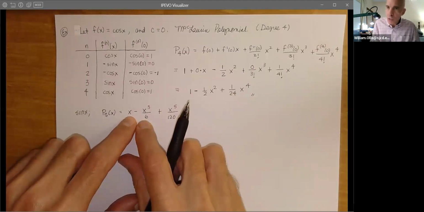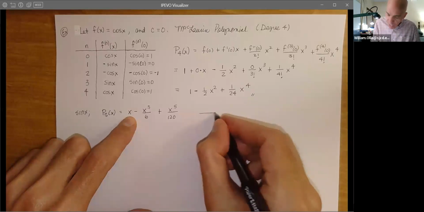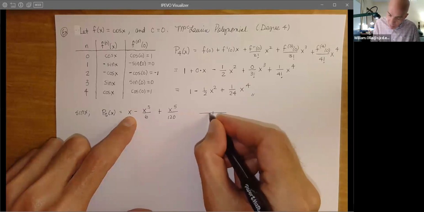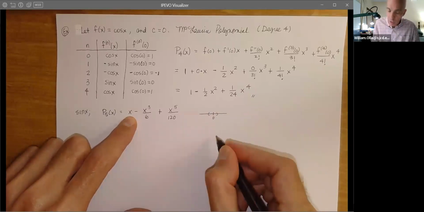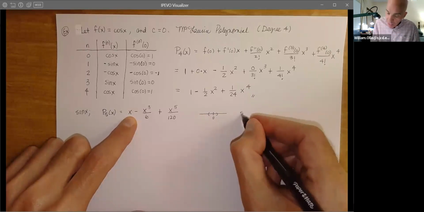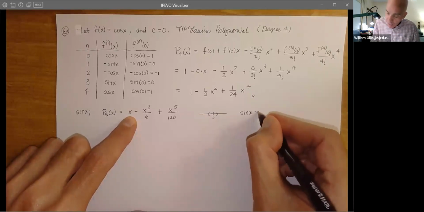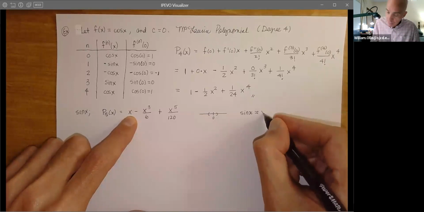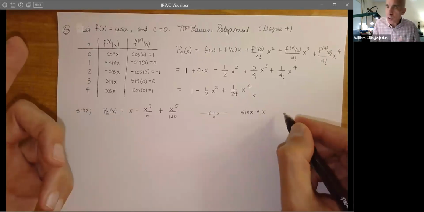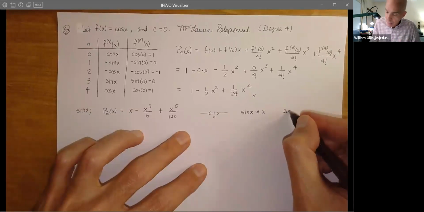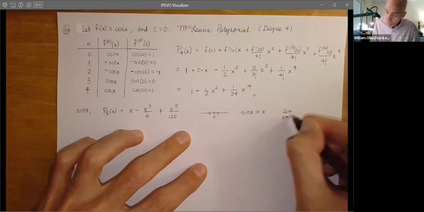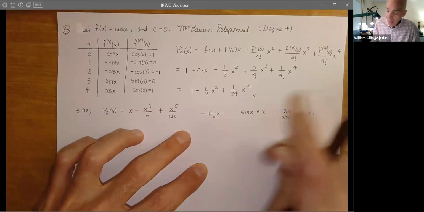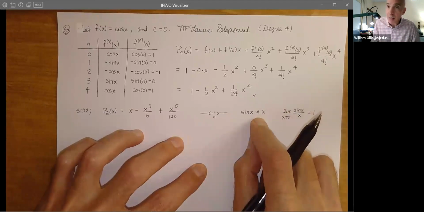When x is close to 0, in a fairly small interval about 0, then we know that sine x can be replaced with x. Well, we know this is true because we know the limit as x approaches 0 of sine x over x is 1. And now this is starting to make sense.